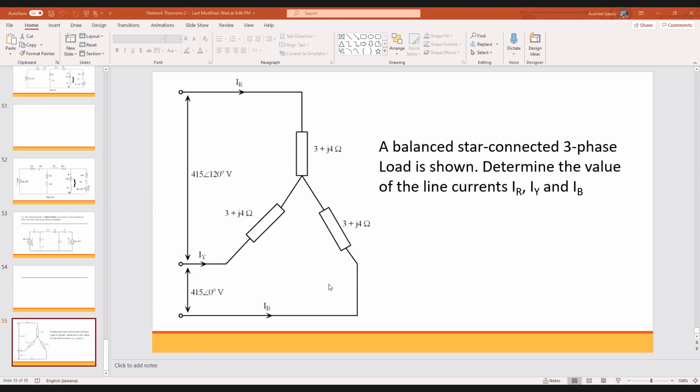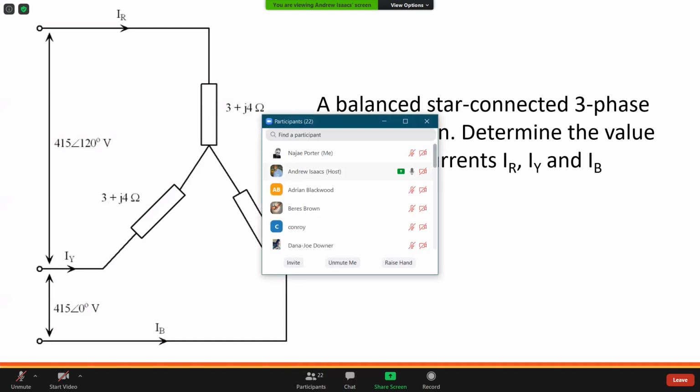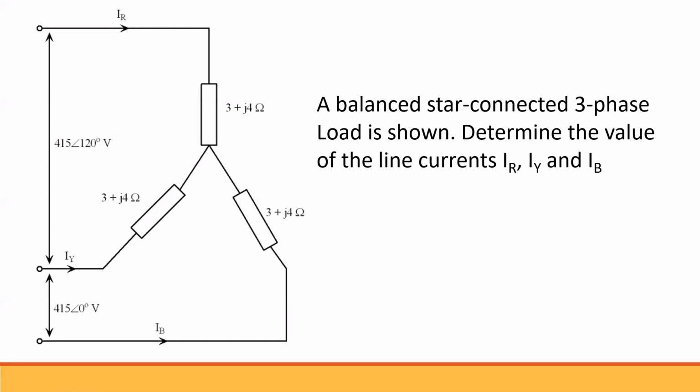So what I had indicated to you, has everyone seen the screen? Yes, sir. All right. What I was saying to you is that the currents you're asked to find are I_Y, I_R, and I_B, right?